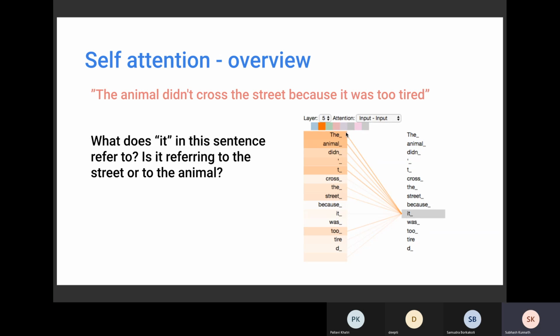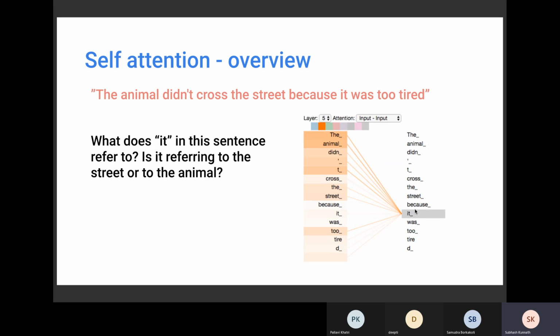So in the attention mechanism, as you can see on the right hand side in this picture, it has some focus parts, these are the attention weights, and the animal has more weight. That's why the line connecting it and the animal is shown thicker compared to others.